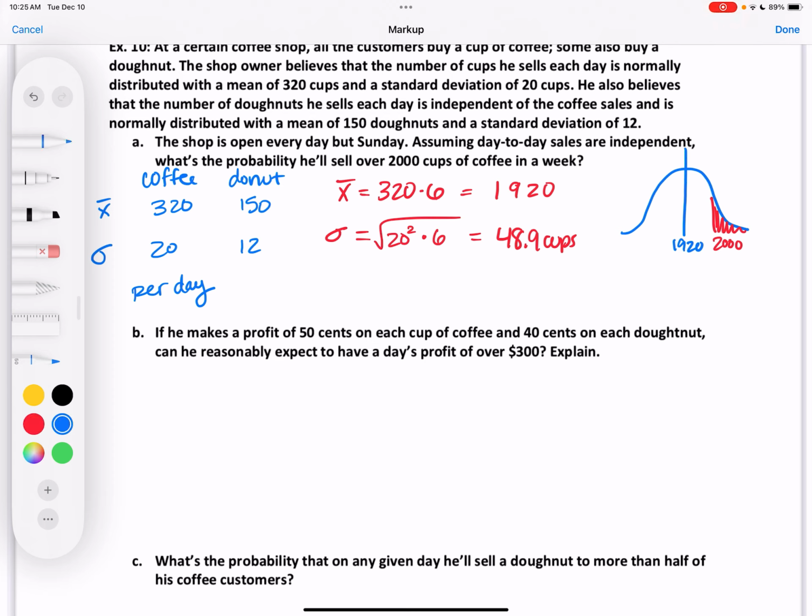So I'm going to do it like that. So normal CDF, 2,000 on the low end to 1E99. Then the mean is 1920 and the standard deviation is 48.9.